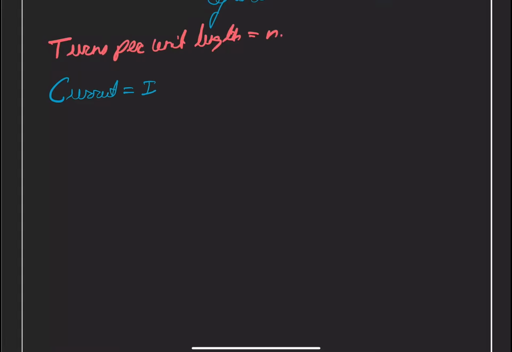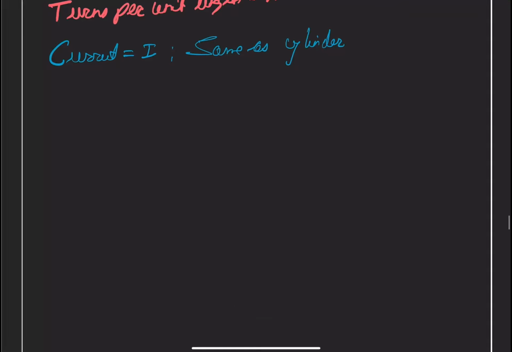Current is given as I, and this is the same as the cylinder. Direction as such is not specified, in which direction the current in the solenoid as well as in the cylinder is flowing.